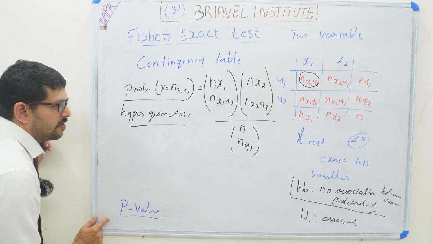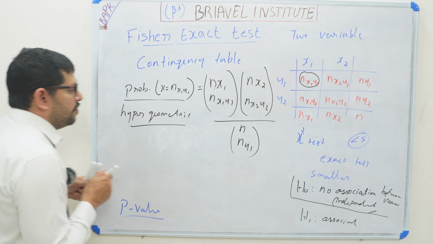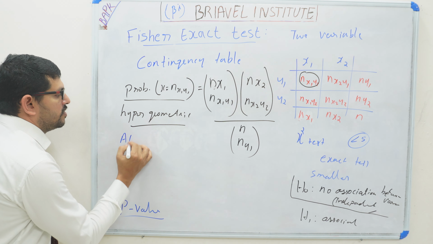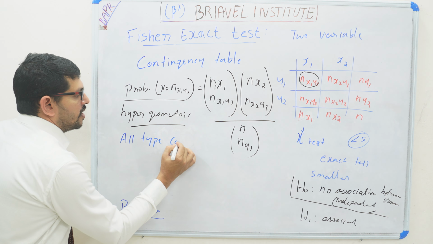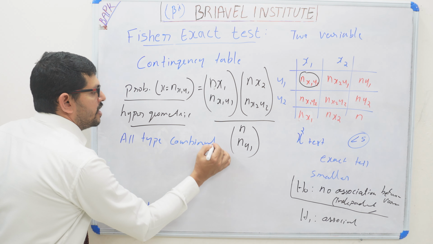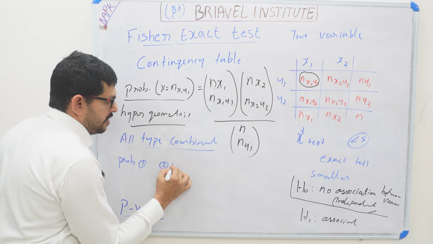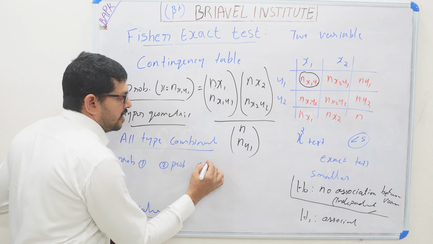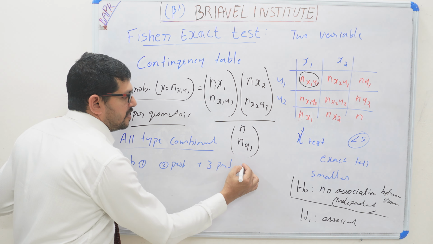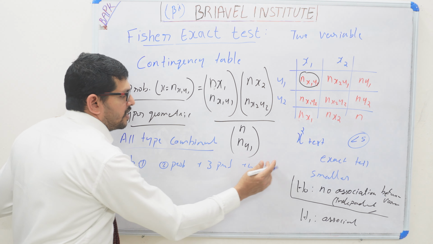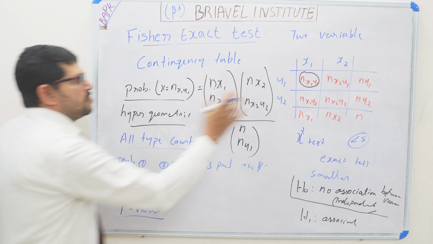How do we find out this independence? We need to find out the p value. To get the p value, we have to write all types of combinations. For each combination we need to find the probability: the first combination, second combination, third combination, and fourth combination.